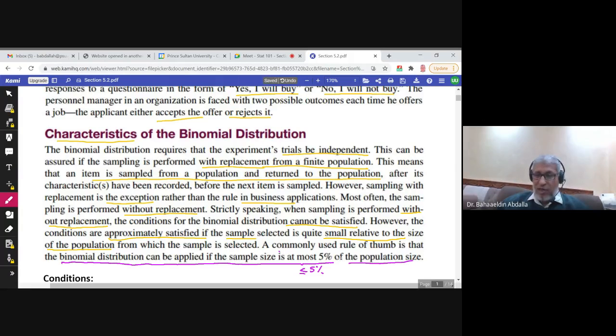So if the population size is 100, you take 5 or less. If you take 5 or less, this means the binomial distribution can be approximately applied.